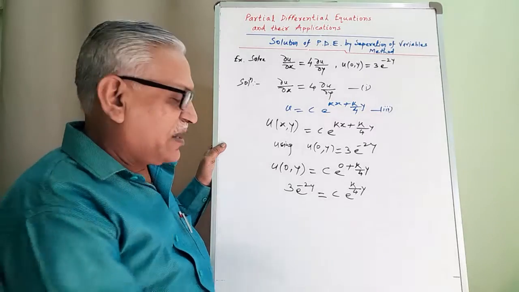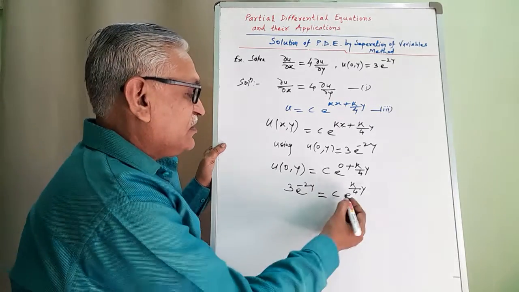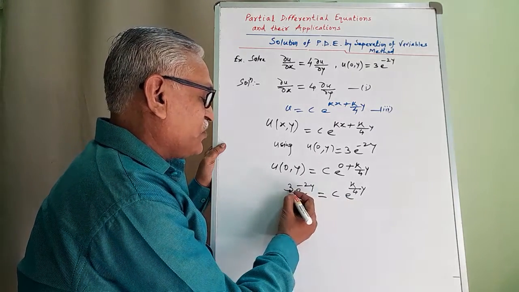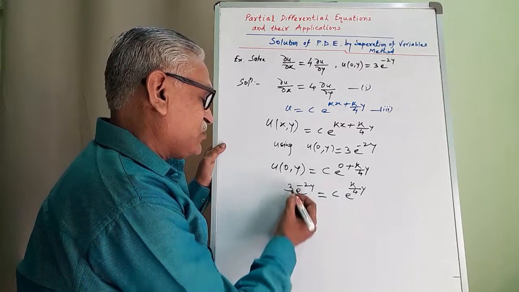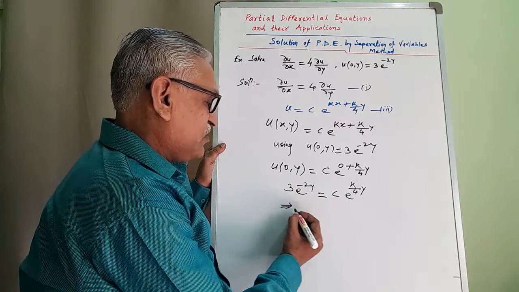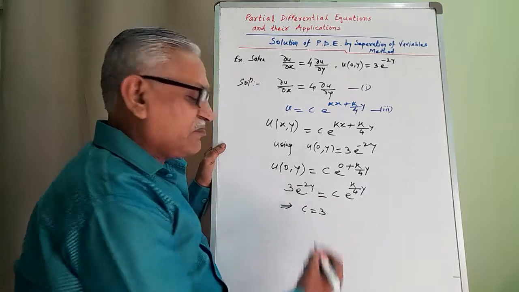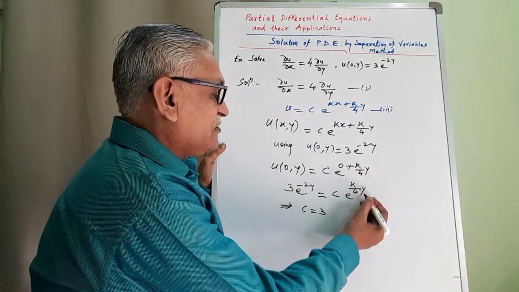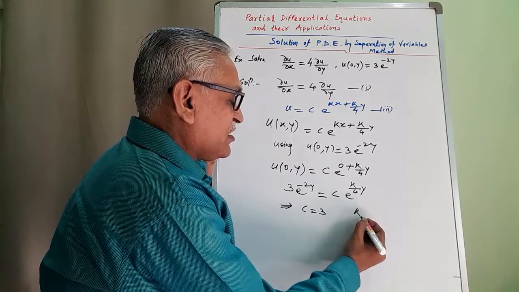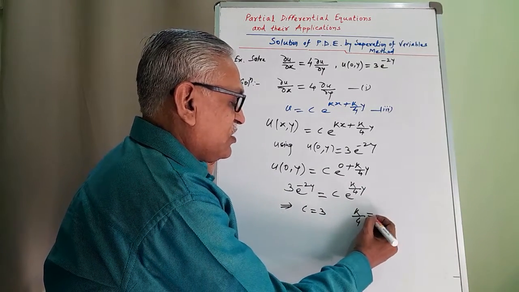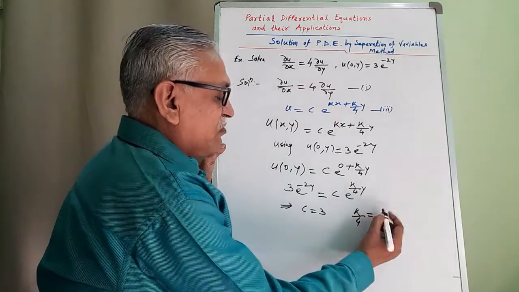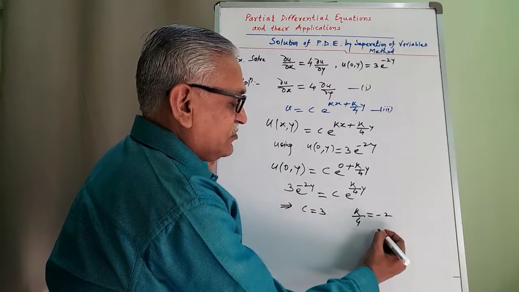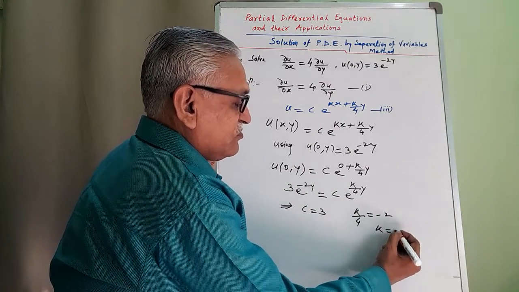Comparing these two sides, as there is a sign of equality, the constant C is the coefficient of that term, so C = 3, and the coefficient of y is k/4 on one side and -2 on the other, so k = -8.